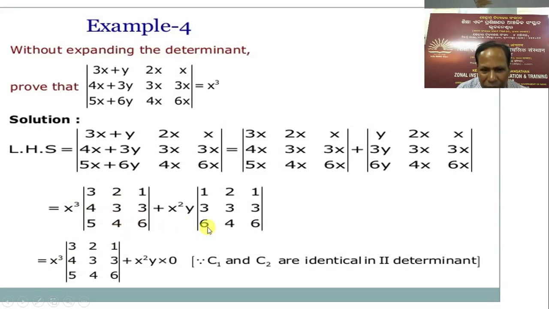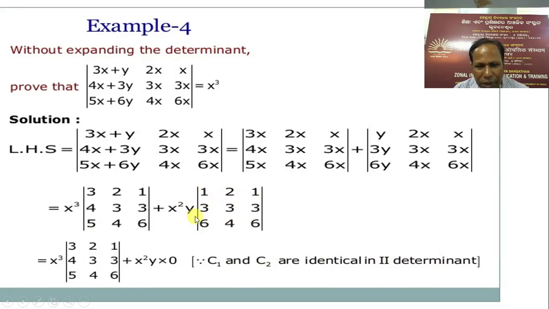And here we find that C1 and C2 are identical. Multiplying 1 by 2 we are getting 2. Then in the second determinant, the columns are 1, 3, 6 and 1, 3, 6.